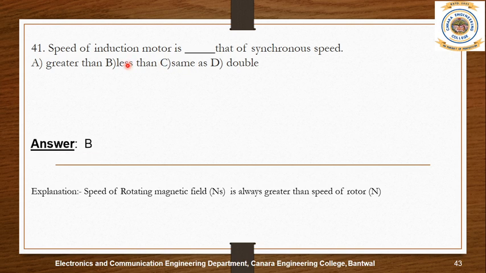So that is option B, less than, because speed of the rotating magnetic field is always greater than the speed of the rotor. So synchronous speed is greater than rotor speed. Here the speed of the induction motor is less than.